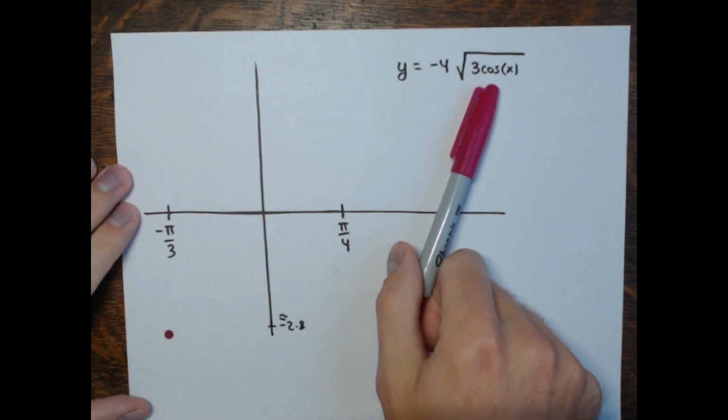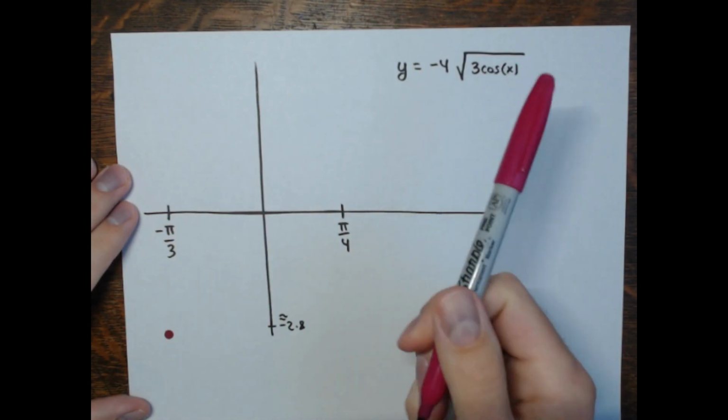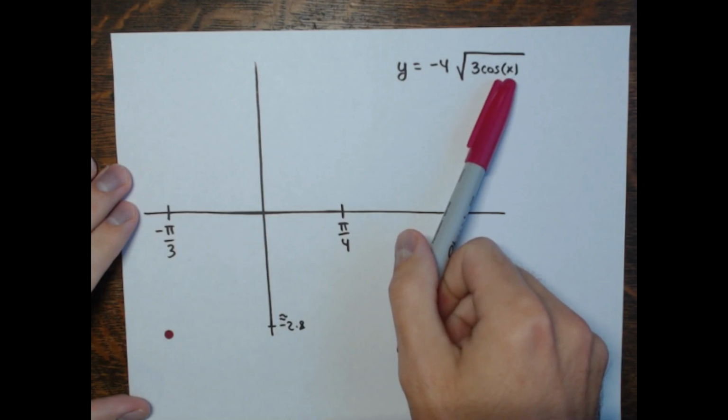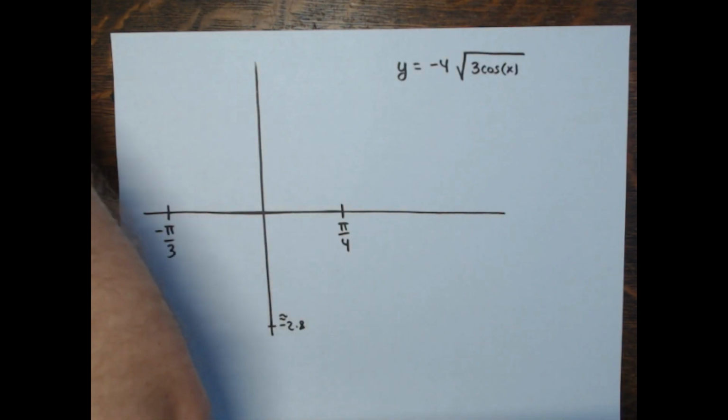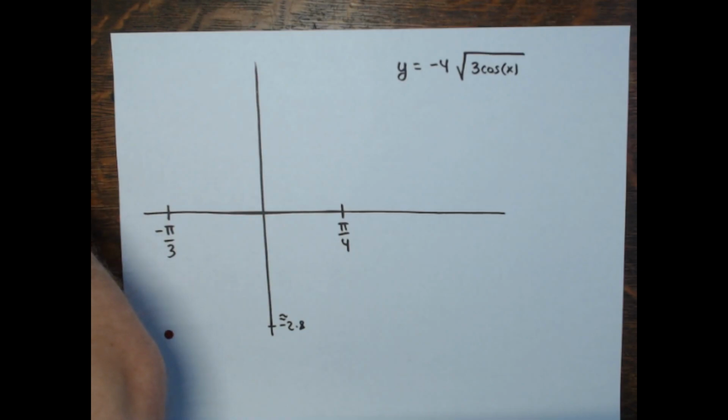Now, cosine of 0 is 1. I'm just going to plot some other points here. If I plugged in 0, I'm just showing you, but oops, sorry, I forgot the 3 in front of that. My apologies.